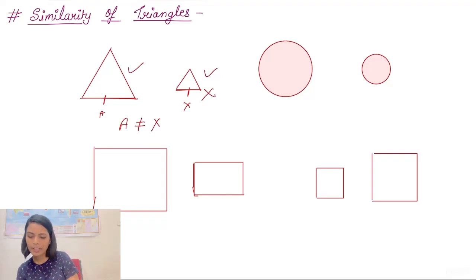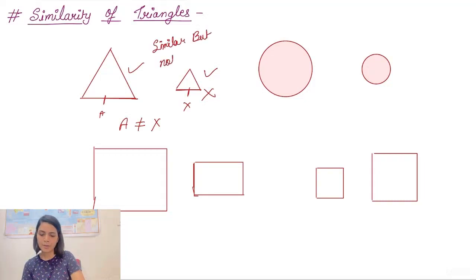It is clear that similar figures are those figures which resemble each other. That means this is a triangle, so this is also a triangle. They are both similar but not equal.